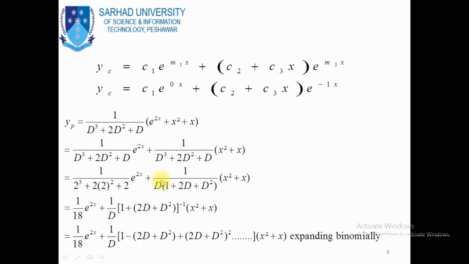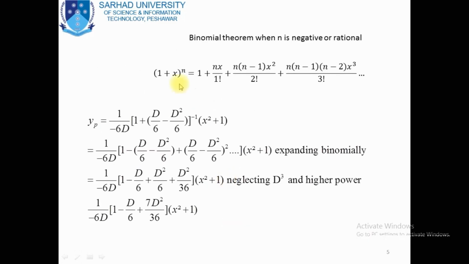Take the lowest degree term and consider it the first term, and the other term represents the term x, and then use this binomial formula: (1 plus x) power n equals 1 plus nx divided by 1 factorial plus n(n minus 1)x square divided by 2 factorial plus n(n minus 1)(n minus 2)x cube divided by 3 factorial, and expand this binomial theorem according to the degree of the polynomial.